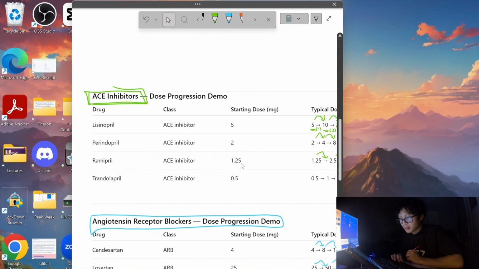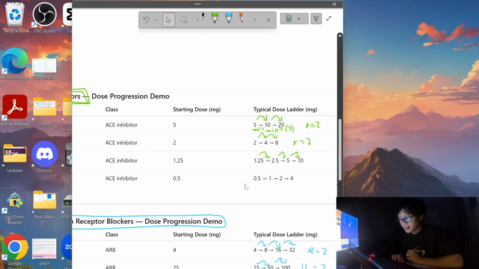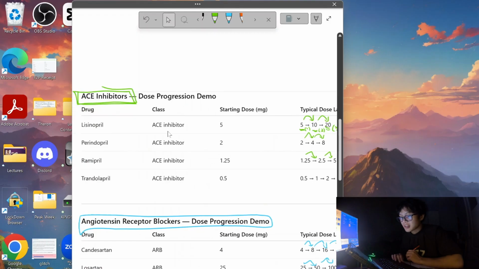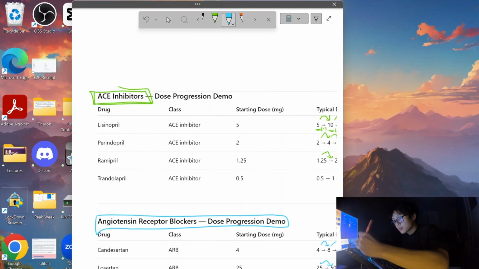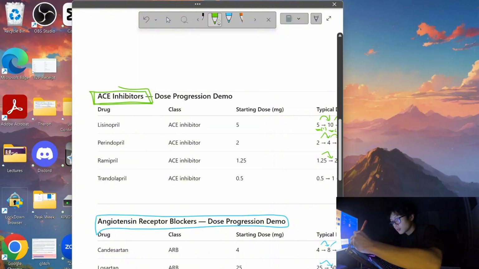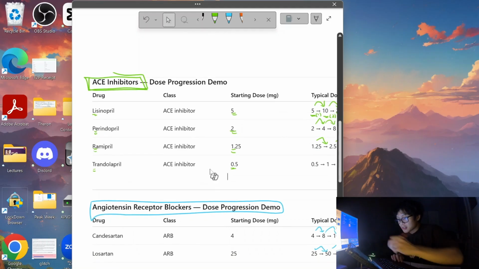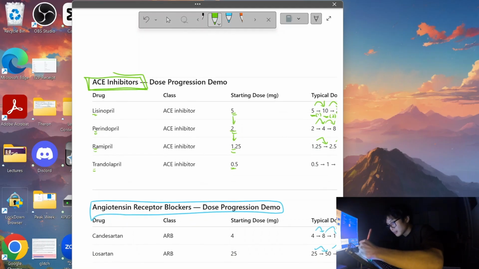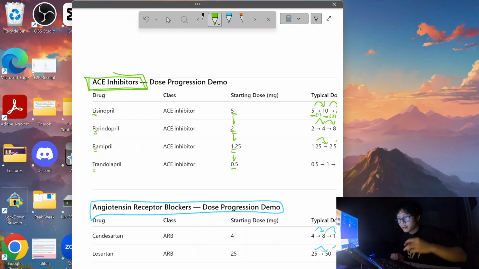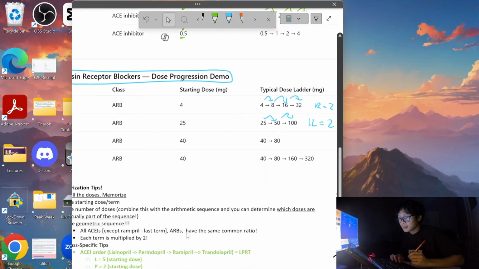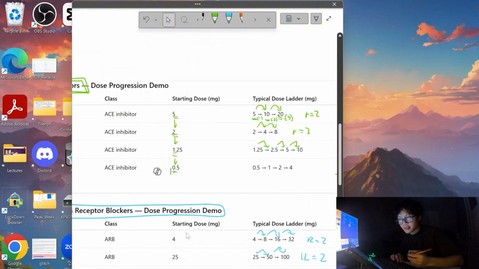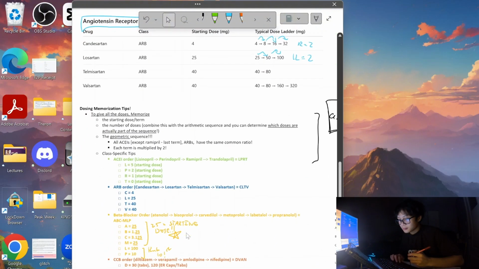Ramipril is 1.25, and then trandolapril, the starting dose is 0.5. I associated each letter with the starting dose, and that makes it a lot easier to figure out what the subsequent doses are, because I'm ascending from highest to lowest in descending order, so it made it easier to memorize the starting doses. Okay.